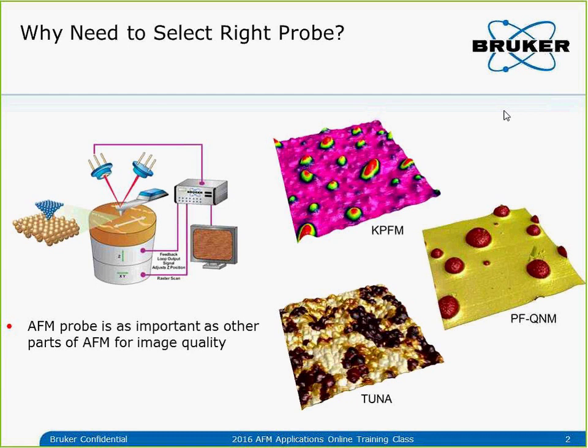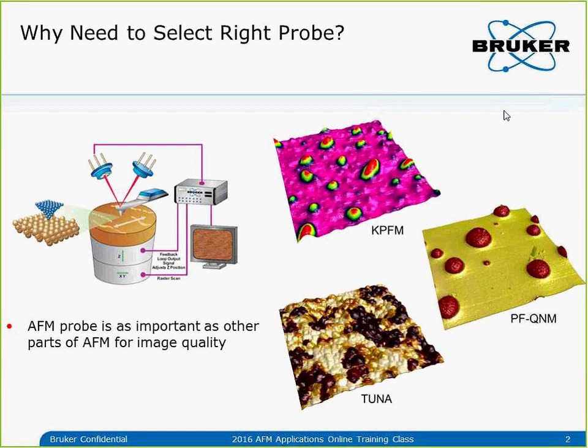And even for some applications where we have multiple probes to choose from, selecting the right probe will give us the best results, like for QNM, right? We need to select the right probe for the right sample, then it will give us better measurement of the modulus and adhesion.